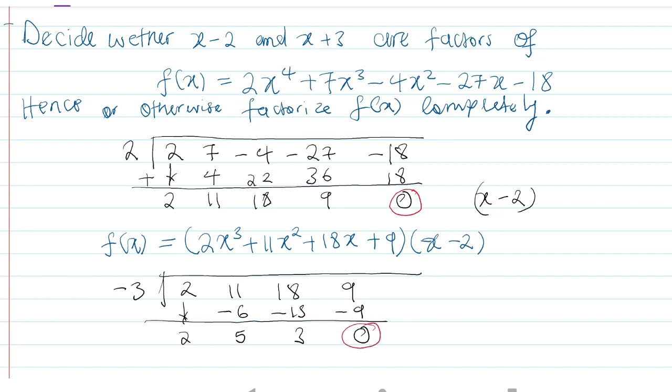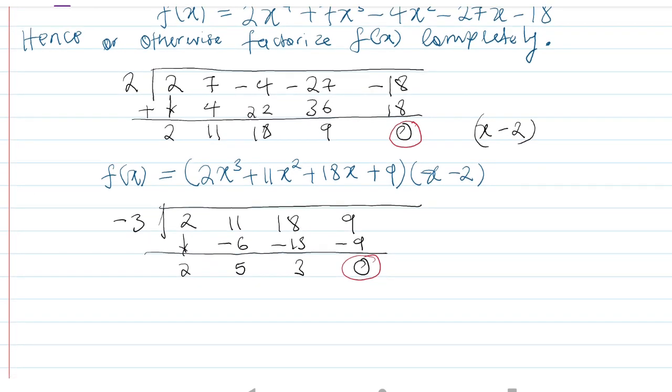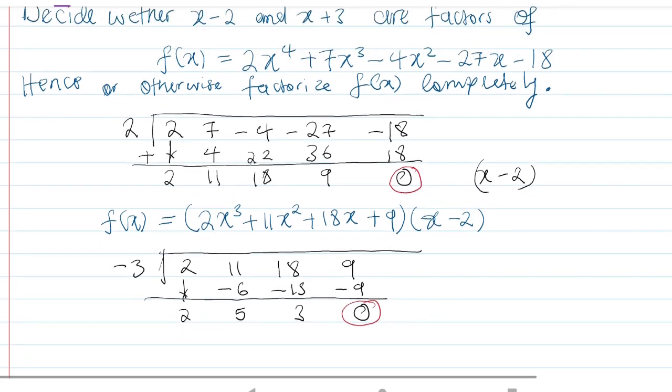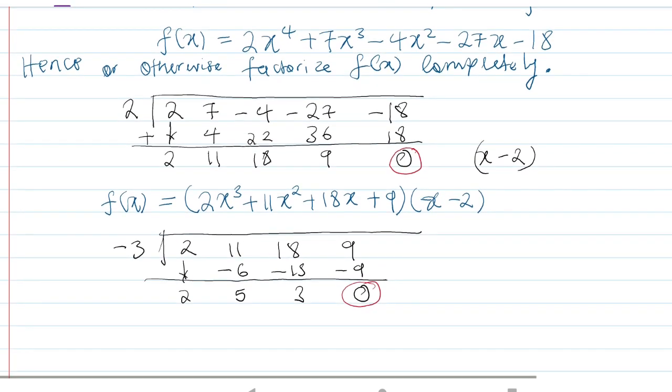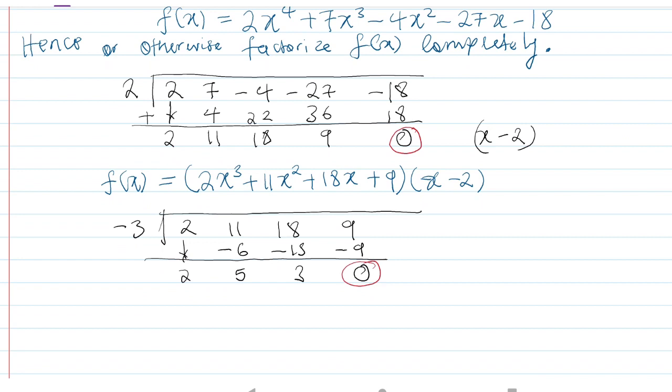So meaning that x plus 3 is a factor. Okay, so we are saying x plus 3 is also a factor. Now we're going to write our result here. This is 2, okay, we reduce the power by 2, so this is 2x squared, then plus 5x plus 3.